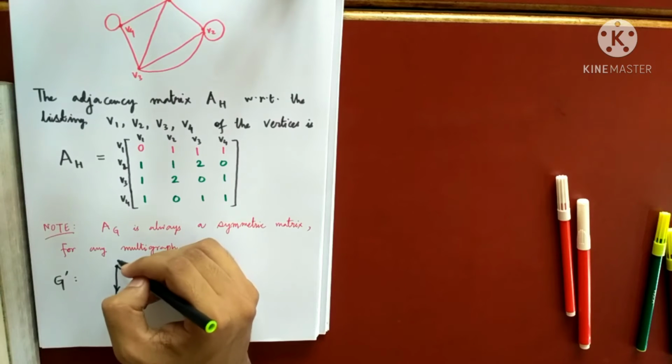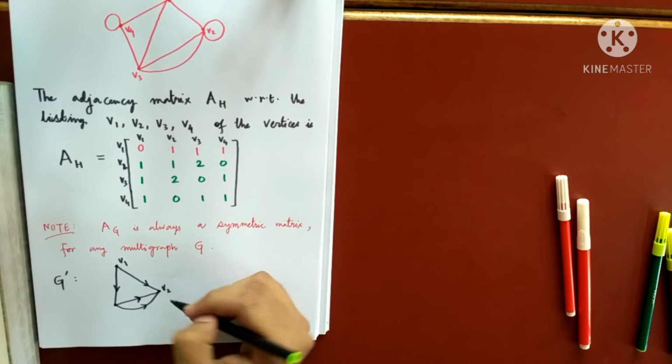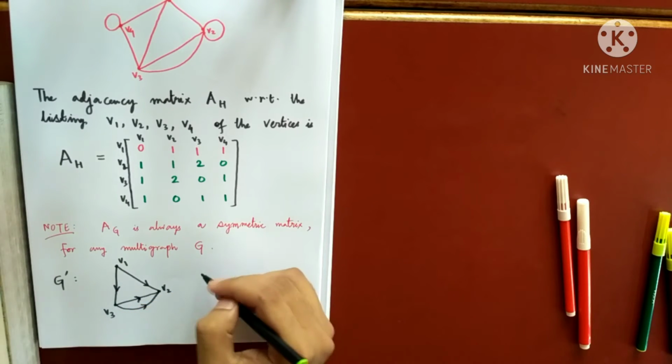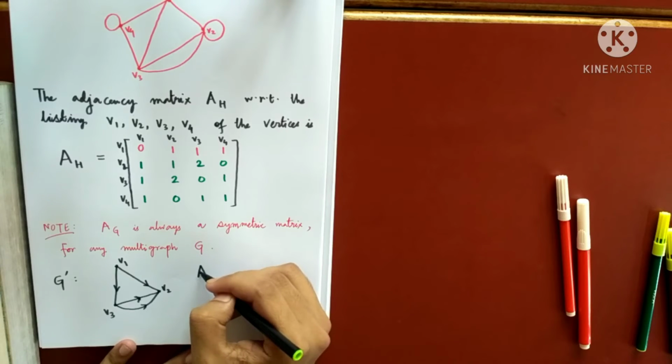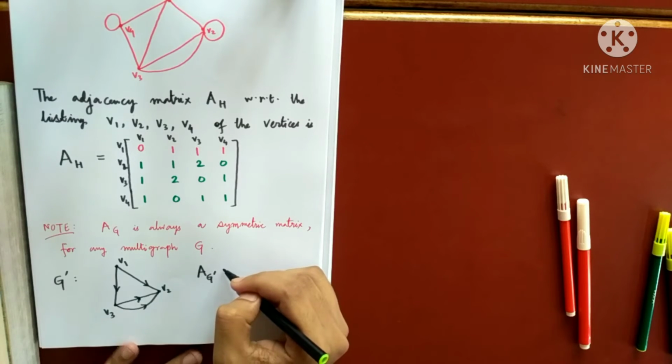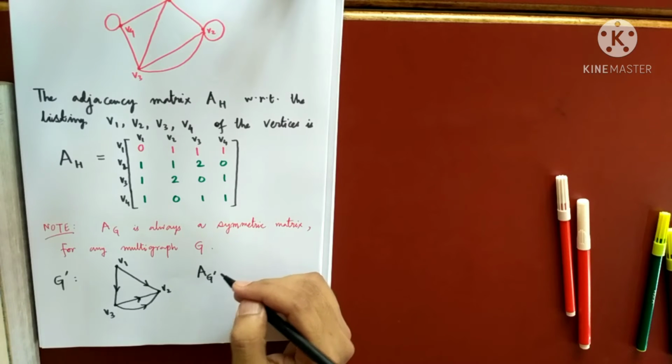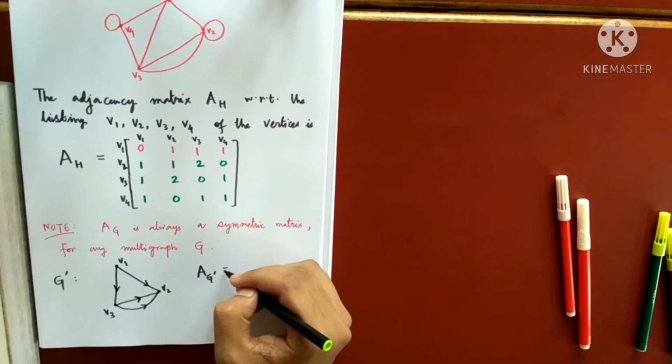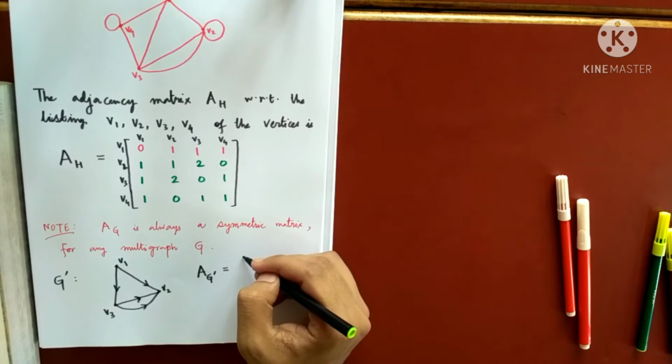So let's try to draw the adjacency matrix for this digraph. So the definition changes a bit. Not basically changes, just instead of edges you have to write the arcs. So with respect to the listing, all those things are right.